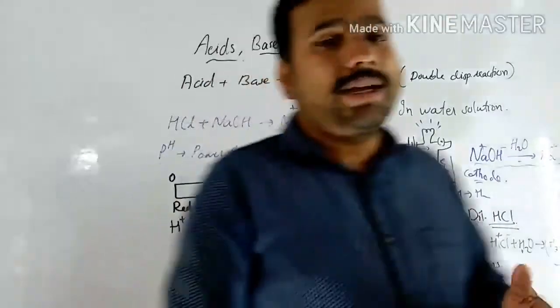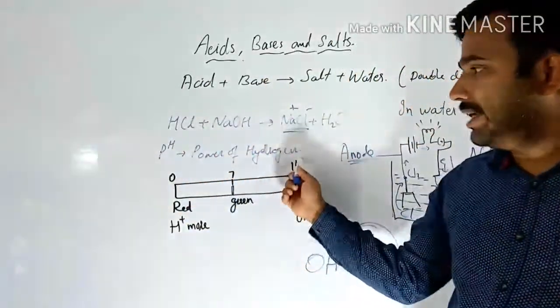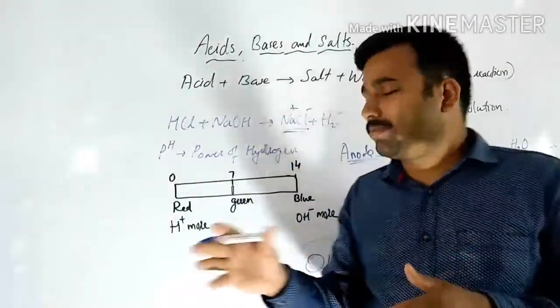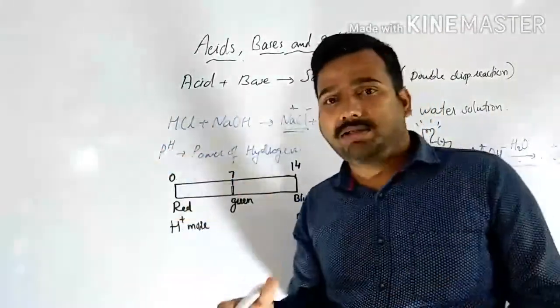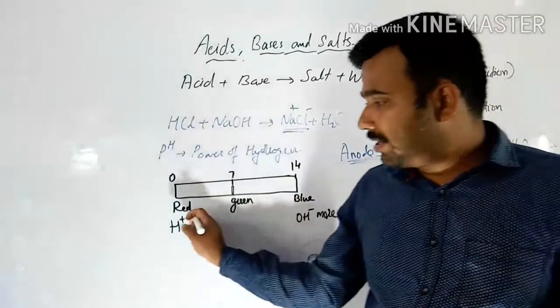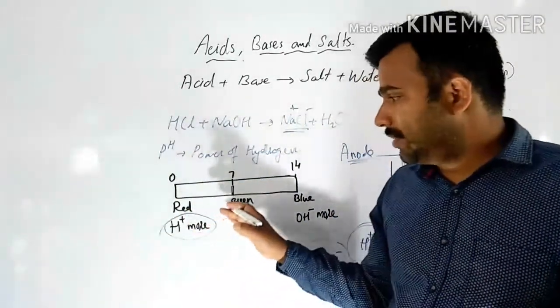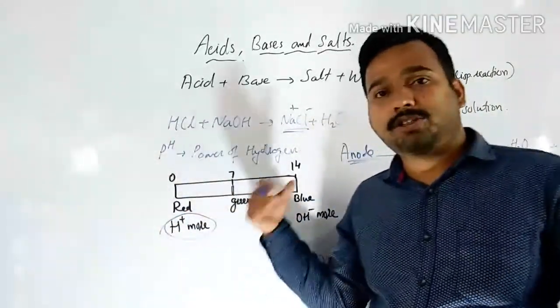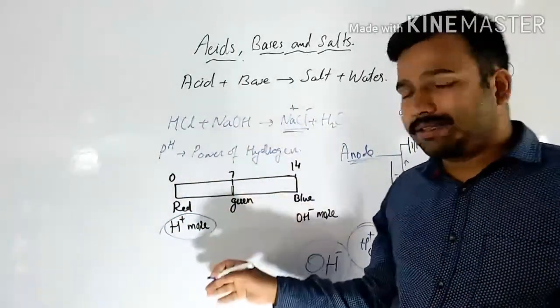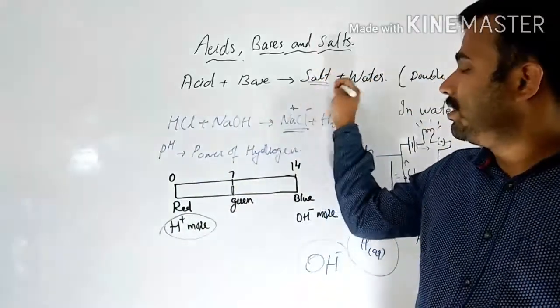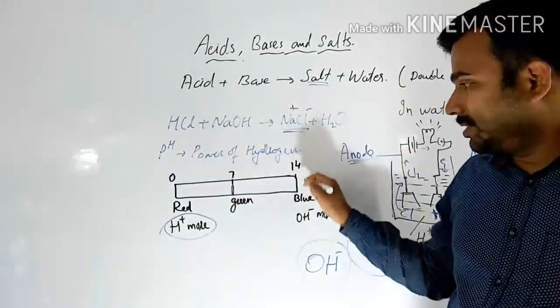Now let us look at the next topic, that is known as pH. How will you notify, according to the concentration of hydrogen present in an acid? So we can classify the acid into strong acid, weak acid, then neutral substances, which we already discussed here, then basic substances.